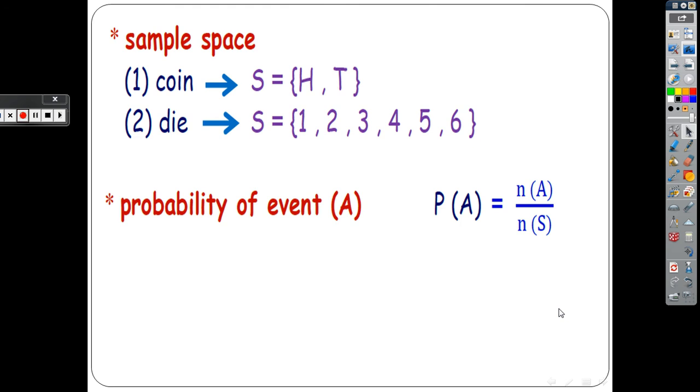In this slide, you discuss what the meaning of sample space. Sample space means all possible outcomes in any experiment.